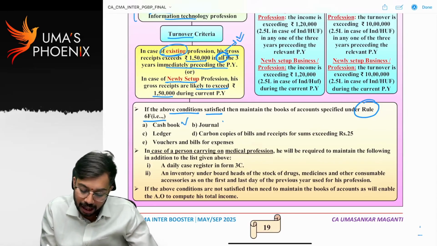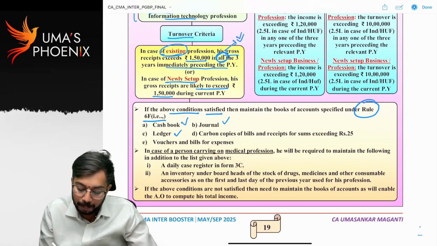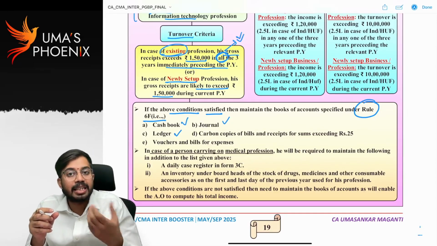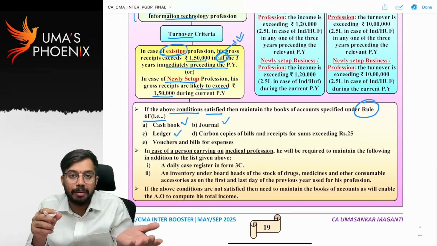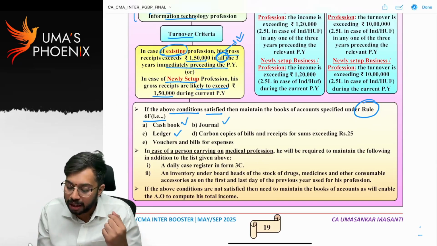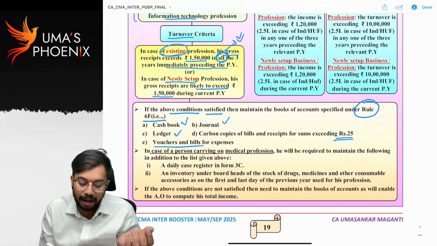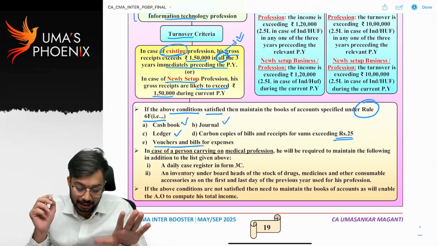Cash book, journal, ledger, carbon copies. See, when in business, receipts will be given, invoices will be given. Whenever you receive more than 25 rupees, for that you have to give the receipt, and you have to maintain vouchers for all the expenses.